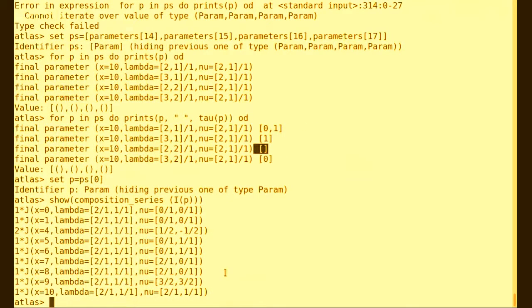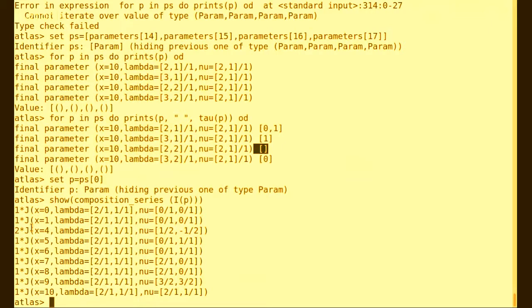This is the biggest composition series. This says that this standard module is the sum of the following irreducibles with these multiplicities. And notice that there's a multiplicity of 2 here.